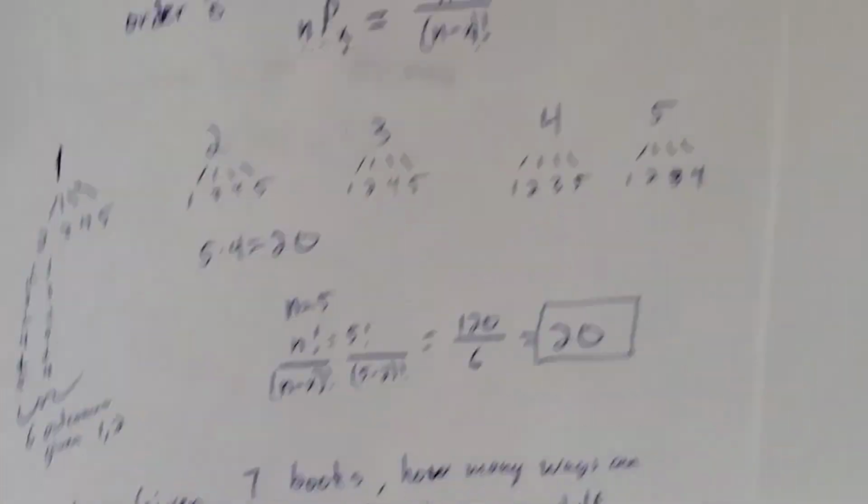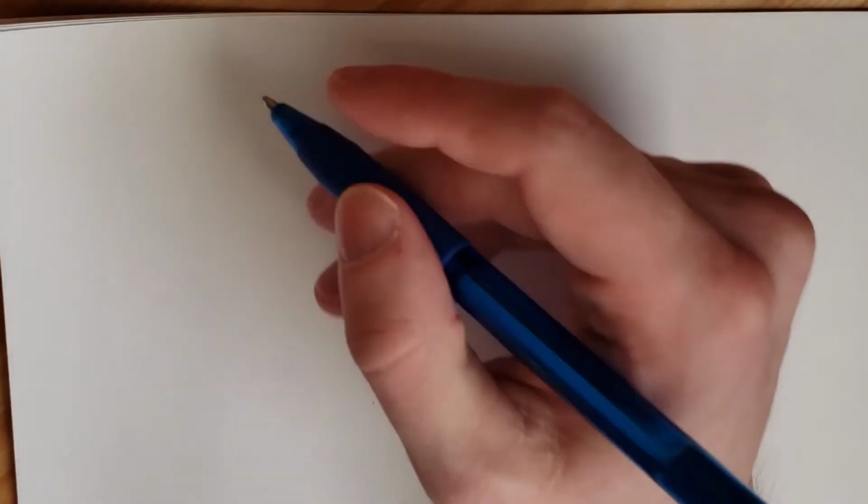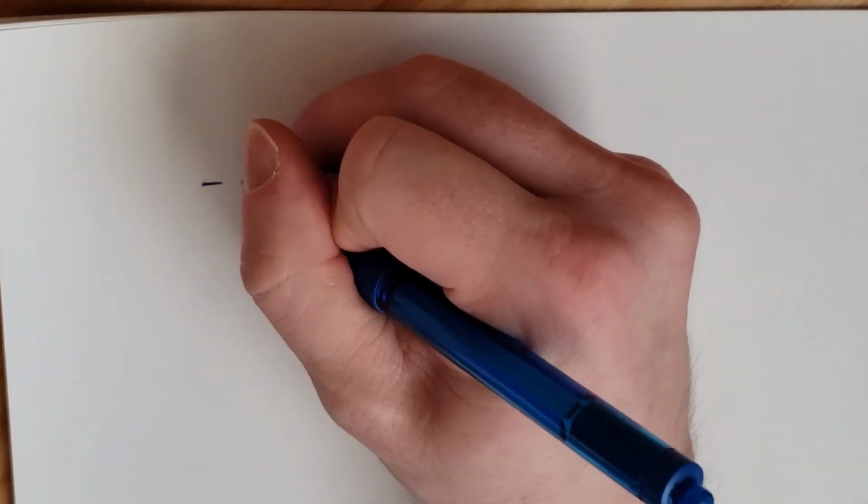All right. Well, there is one more rule that we want to cover in this video, and that is combinations. So we had permutations before, and now we want to look at combinations.